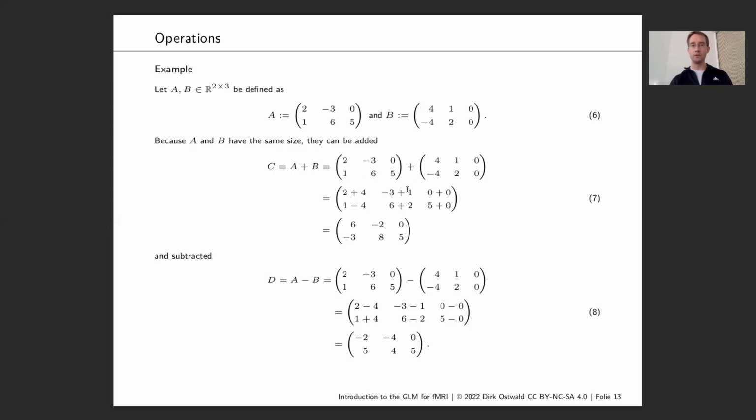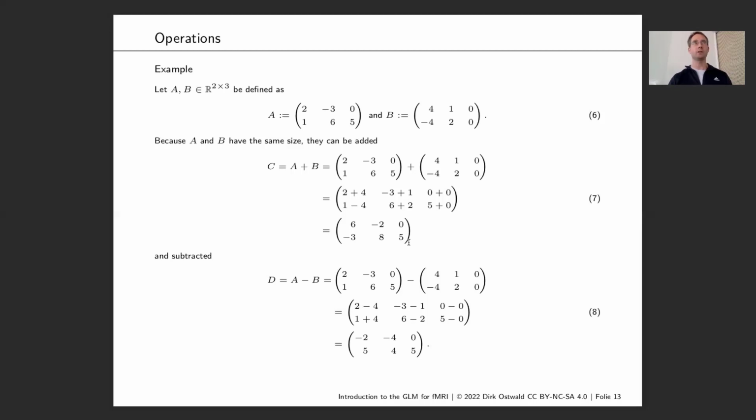Minus 3 plus 1 is our element here. 0 plus 0 is our element here. 1 minus 4 is minus 3. 6 plus 2 is 8 here, and 5 plus 0 is 5. So that's not really tricky.